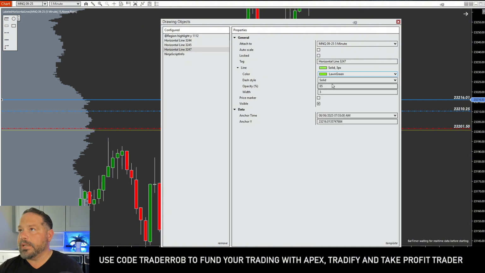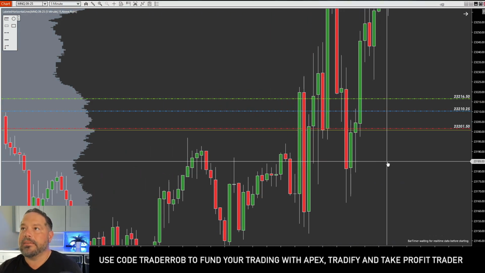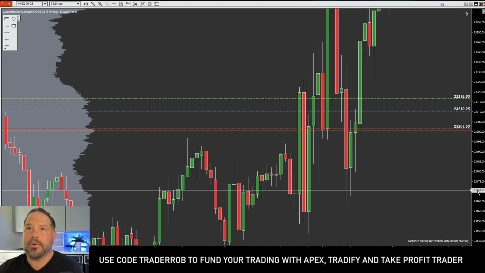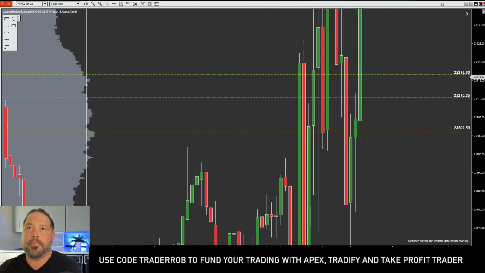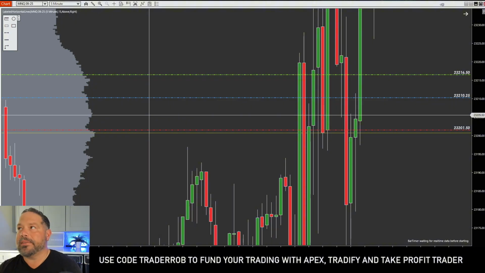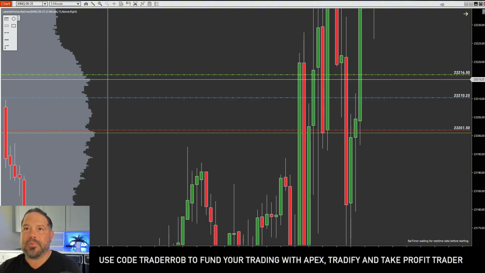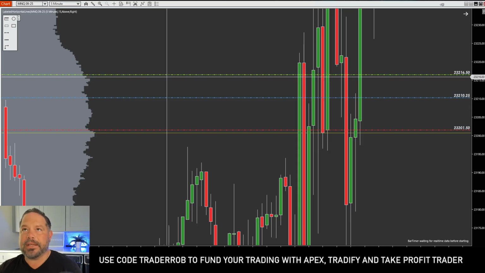let's do this green, was at 23,216.50. And there you go. So that one is going to sit right at this ledge here of this high volume area. It's an area where I feel like I've got a pretty easy time getting into this trade.